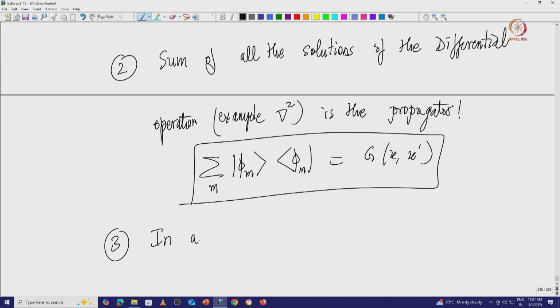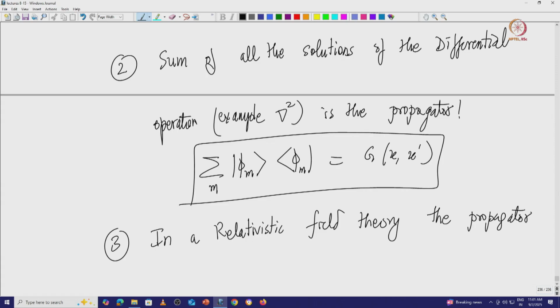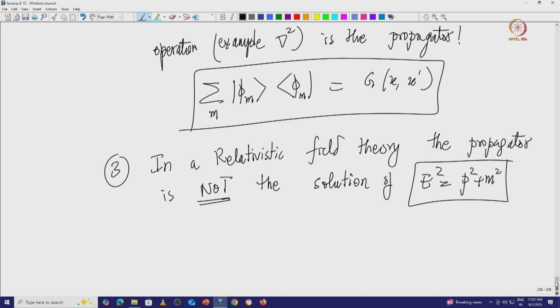But in a relativistic field theory, the propagator is not only the solution of E square is equal to P square plus M square. The propagator contains solutions which are not on shell.